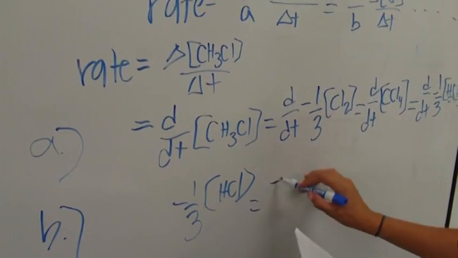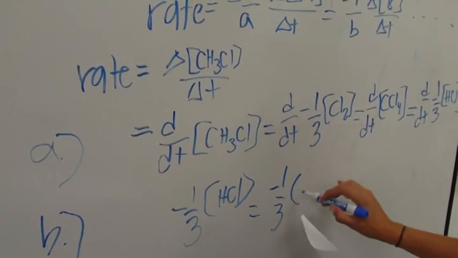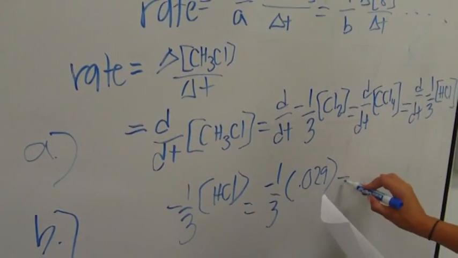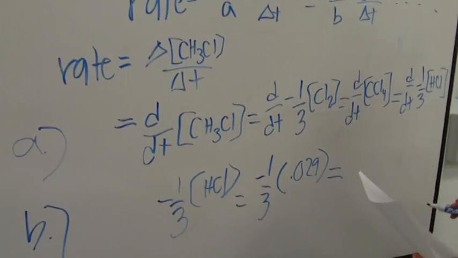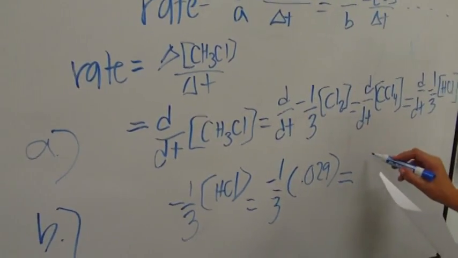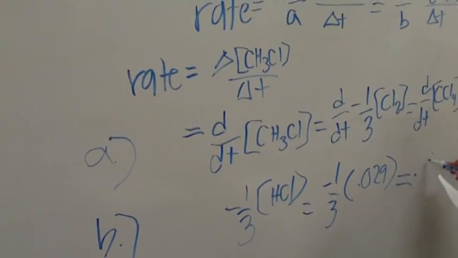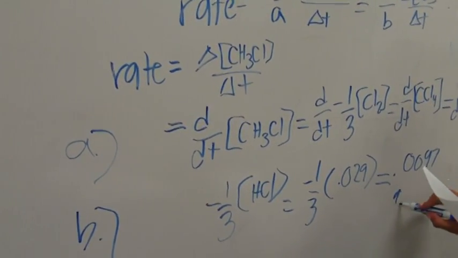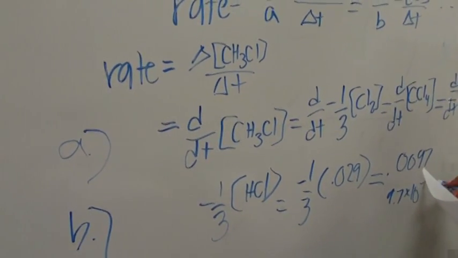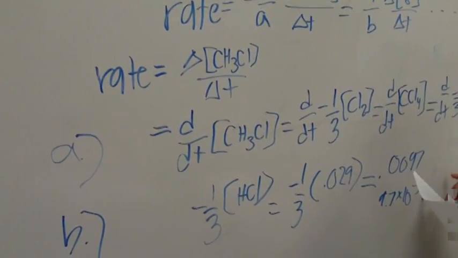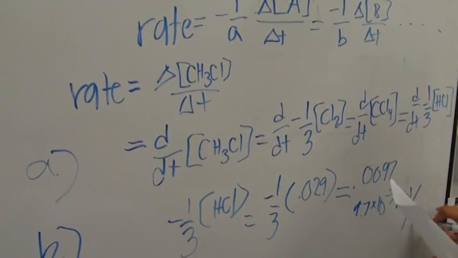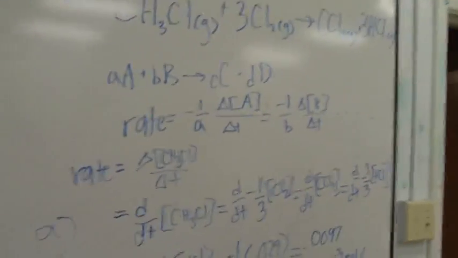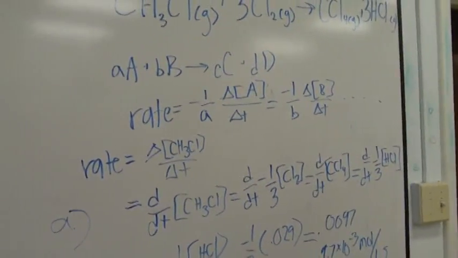So that's going to be negative 1/3 of 0.029, which is going to give you 0.0097, or 9.7 times 10 to the negative 3. That's another way of writing it. And that's going to be in moles per liter per second, because it's a rate. So that was kind of confusing, but that's the answer.